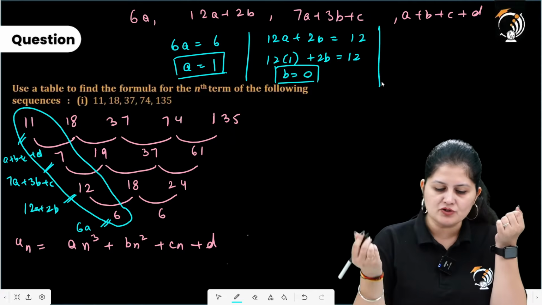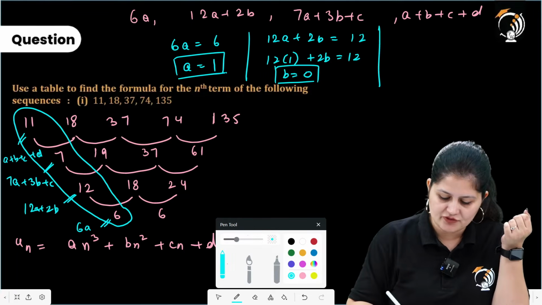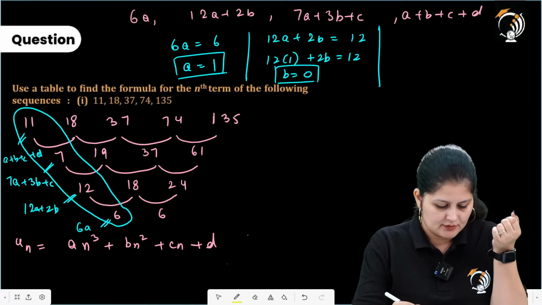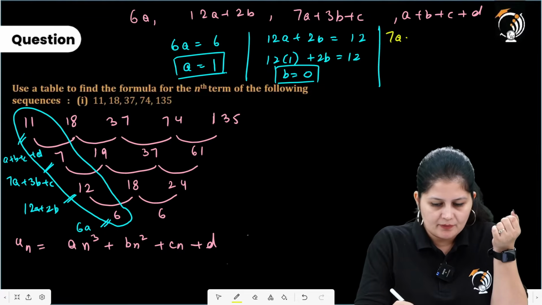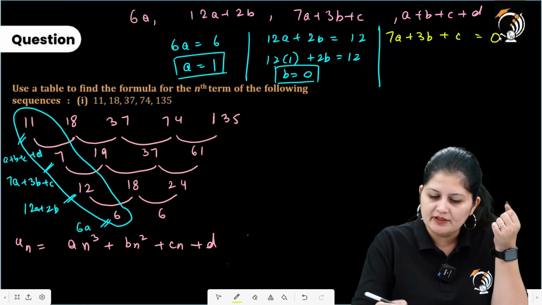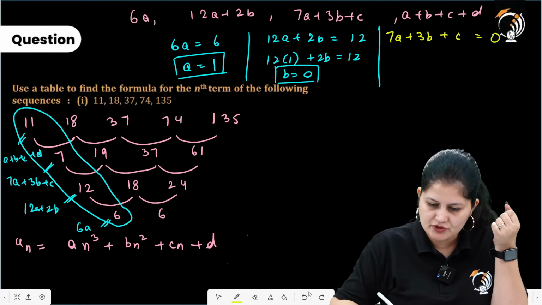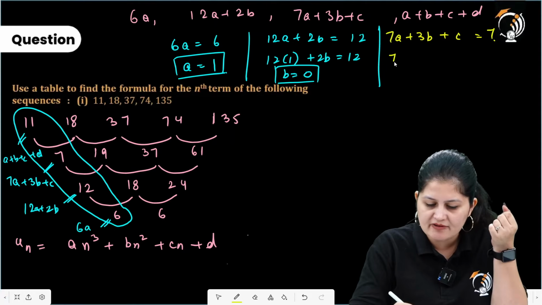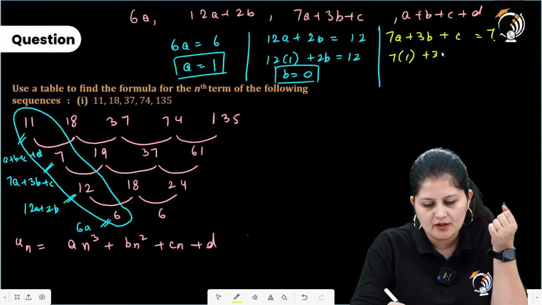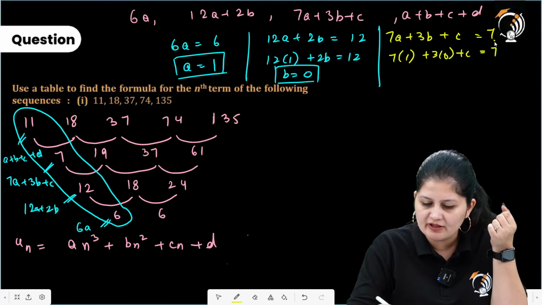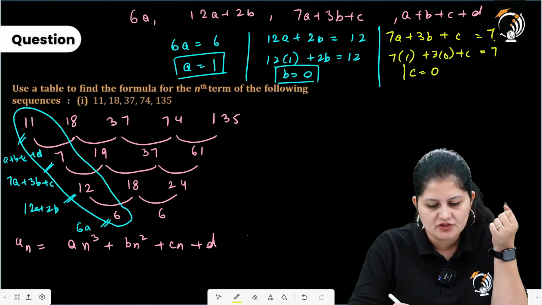Solving for c: 7a plus 3b plus c is equal to 7, so 7 multiplied by 1 plus 3 multiplied by 0 plus c is equal to 7. So c is coming out to be equal to 0.